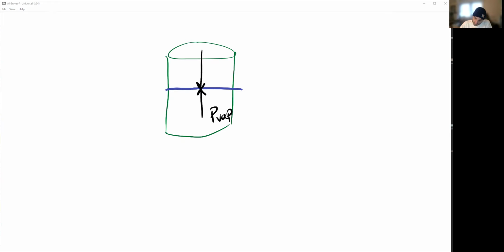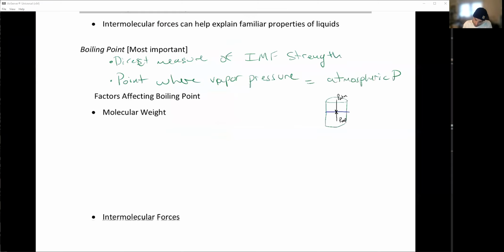And then you have the pressure of the atmosphere pushing down. So as soon as the pressure of the vapor becomes greater because of increased energy, typically heat, what you see is it overcomes the top. Essentially, it overcomes the pressure of the atmosphere, and it boils. So that's what we're looking at.